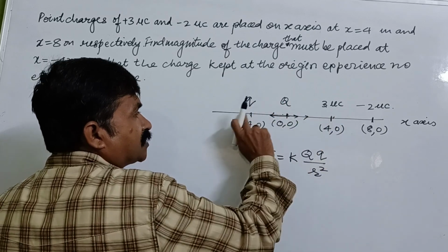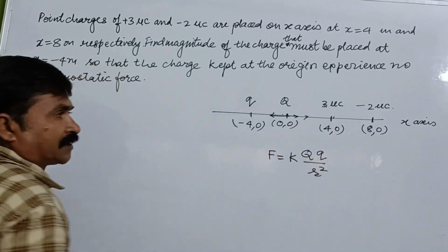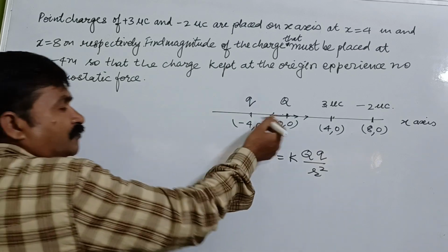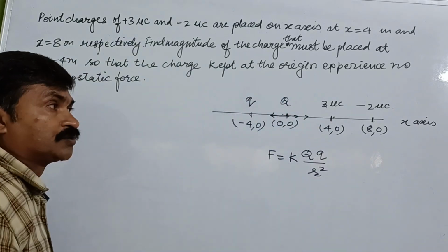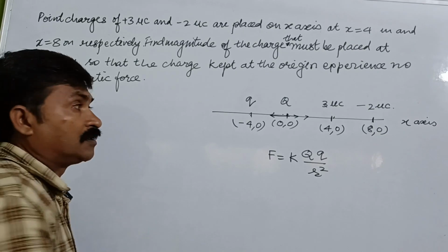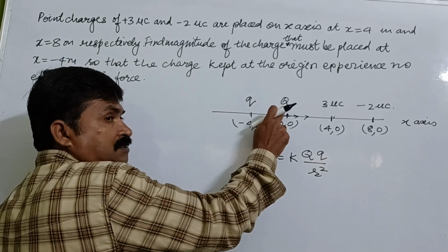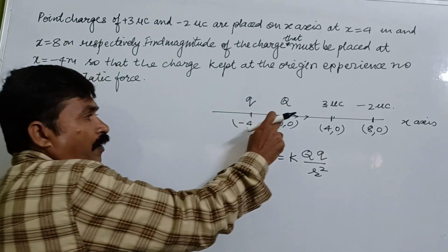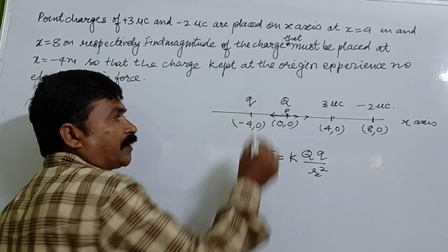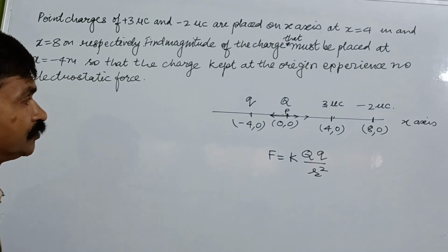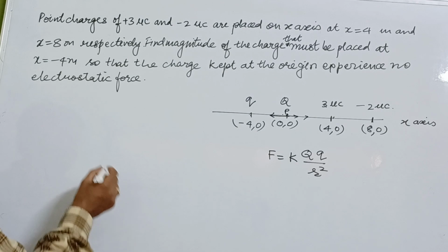It means these two forces will be in the same direction. It is a force of attraction, it is a force of repulsion, and one force is here. The sum of all these three forces will be equal to 0, because at this point P it must experience 0 force. So we can go with the law.